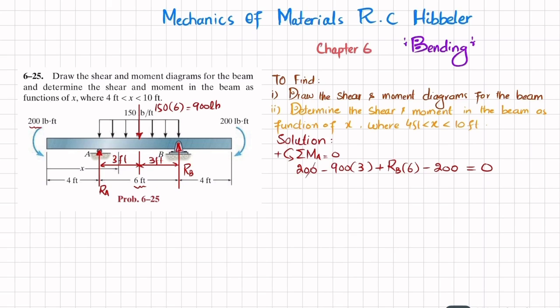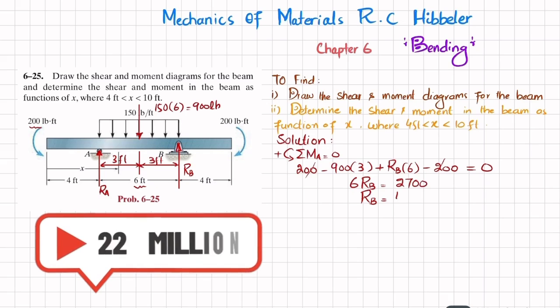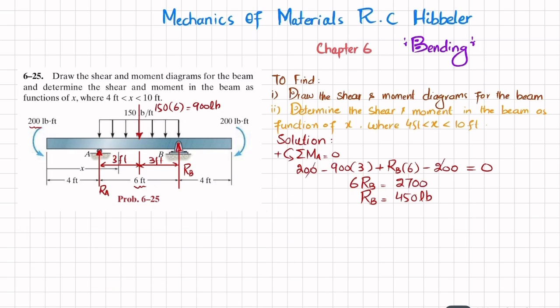So this will cancel with this, and we will be left with 6 Rb is equal to 2700. When you divide by 6 on both sides, you will get Rb equal to 450 pounds. Okay, so now we'll find this Ra by using another equation of equilibrium, that the sum of all forces along the y direction must be equal to 0, with upward forces taken as positive.